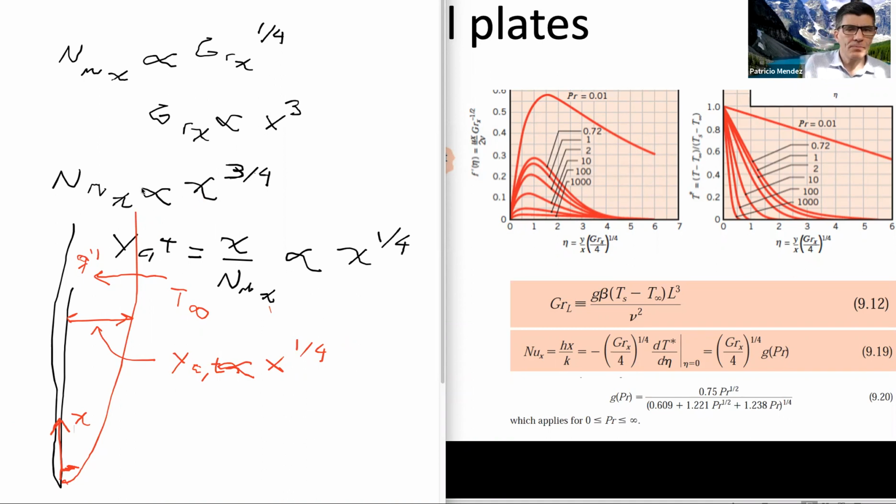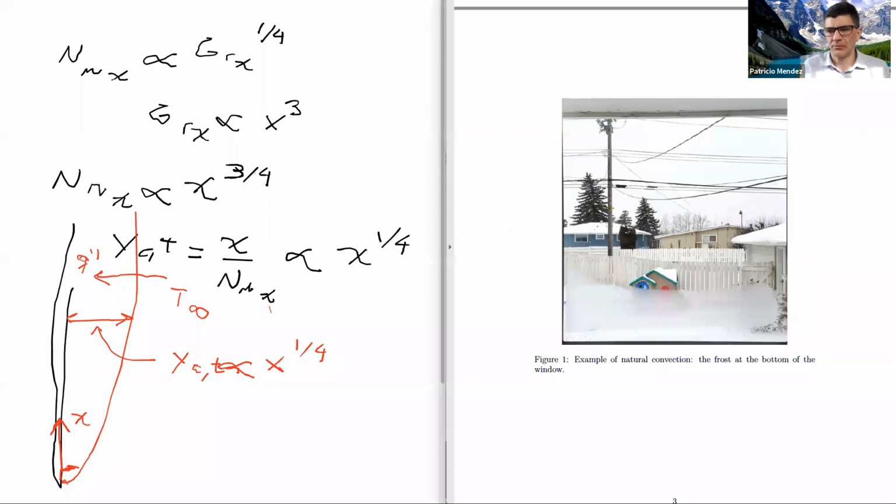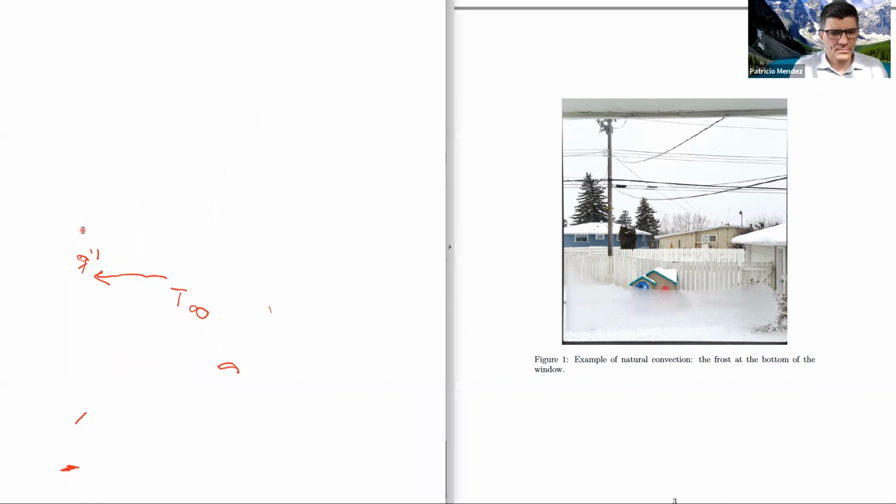Now, if we go back to our photo of the window, let me see what happened here.